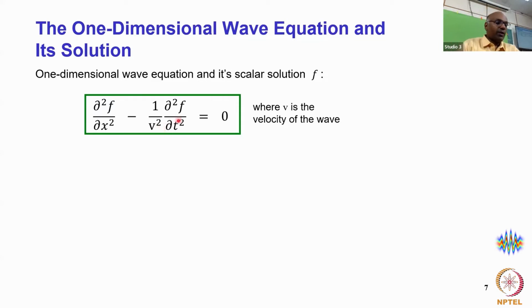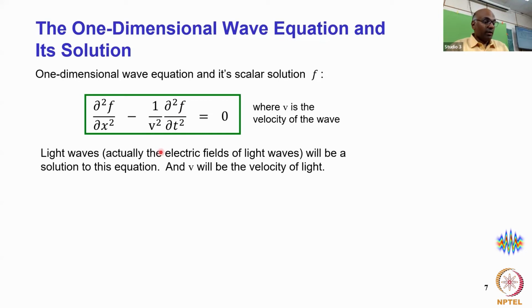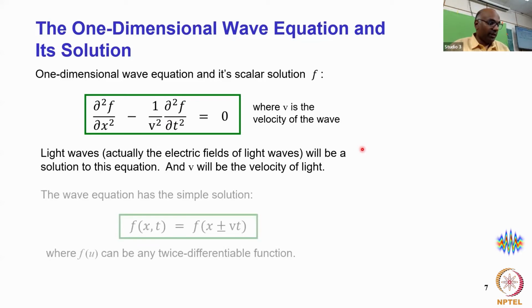This is in 1D, as well as then the partial second order derivative with respect to time of this function f, which is a function, of course, of the space and time variables x and t, which light waves essentially and the electric fields as well as magnetic fields will obey this one-dimensional wave equation component-wise because E and B are vectors.